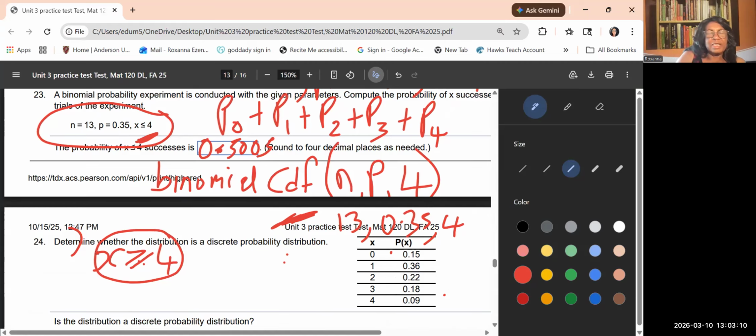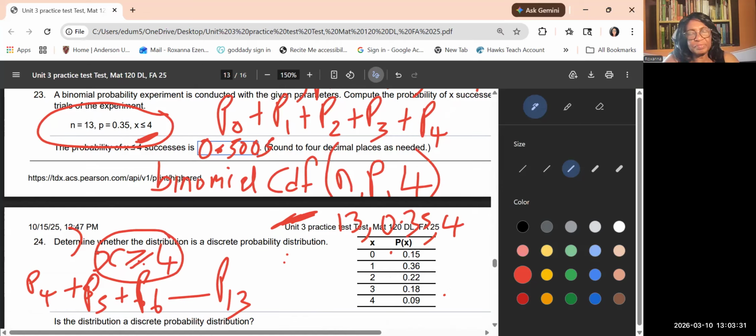So in this case, I'm told to find P4. I'm starting from P4 plus P5 plus P6 until I get to P13, because sample size is 13, and I'll add them together. Alternatively, I can use the quick method.